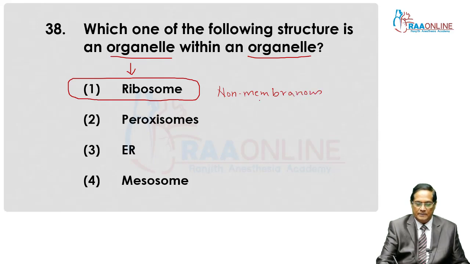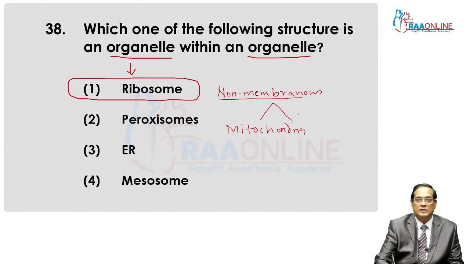Even though it is found in all cells, it is present inside two structures also. One is mitochondria. Second is chloroplast.